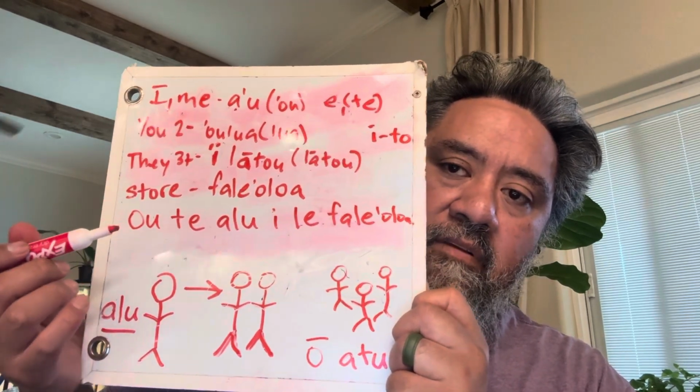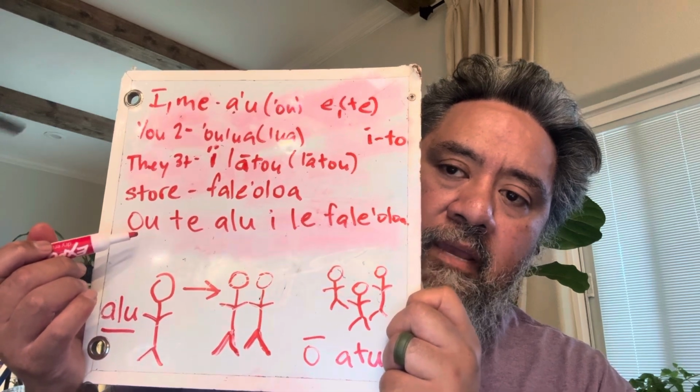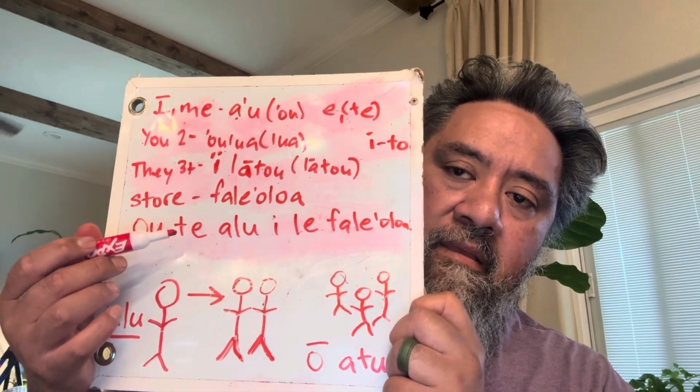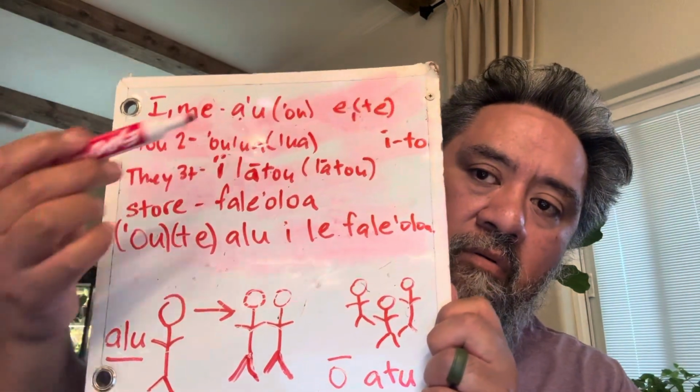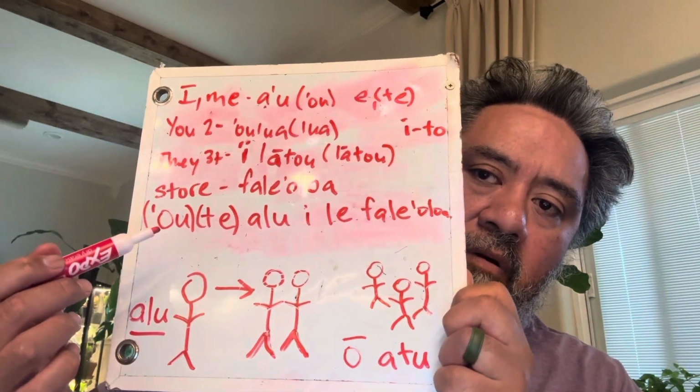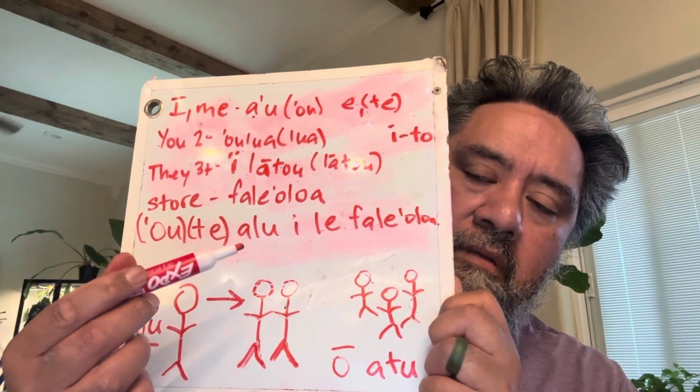So you see how I use the short form o for I, and then I use that with te. I guess I can put them in parentheses just so we can get that reference. We have the short form o right here, I, o, te, alu.